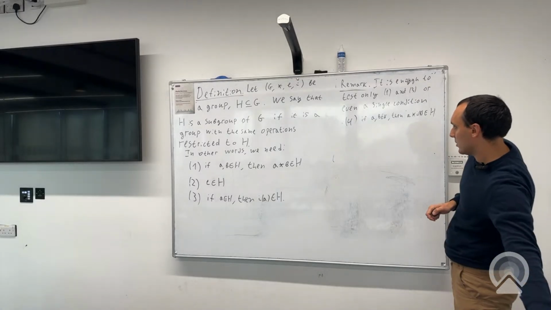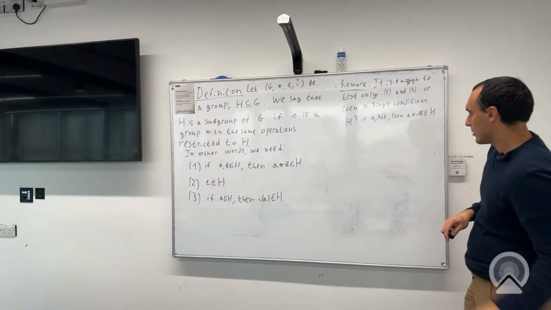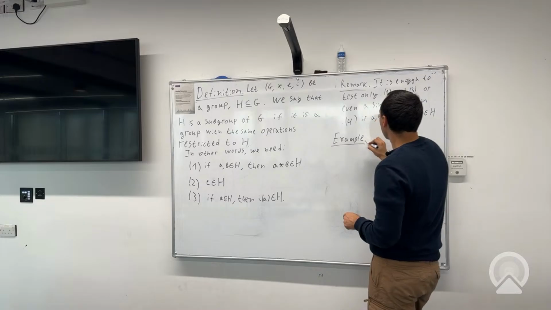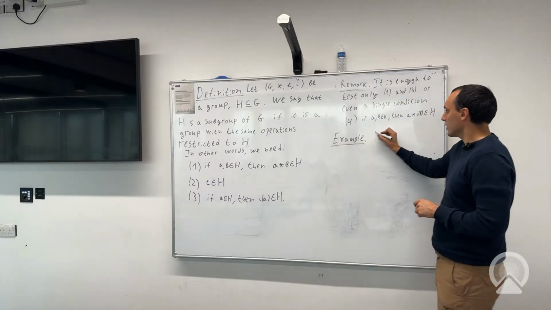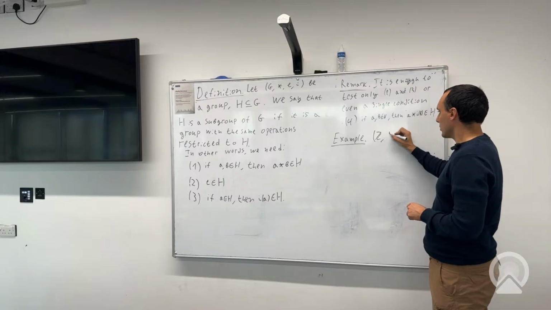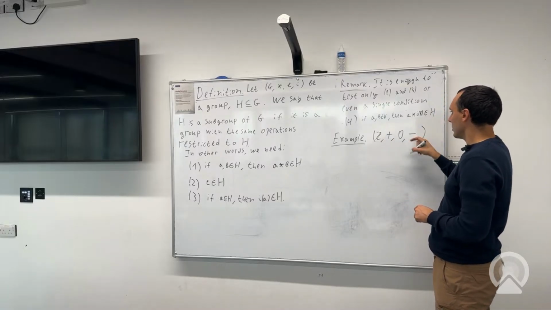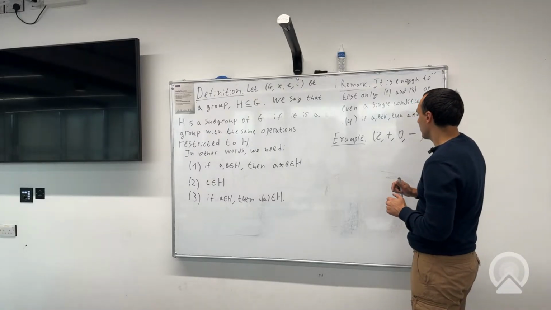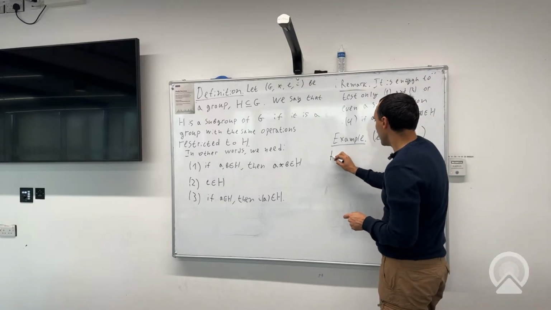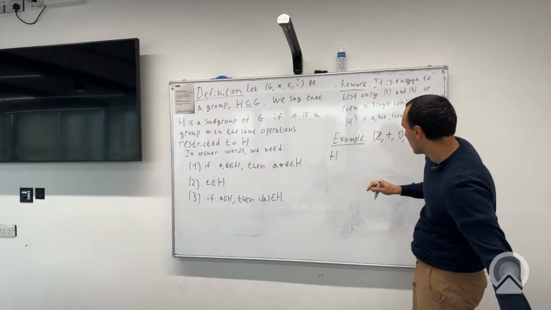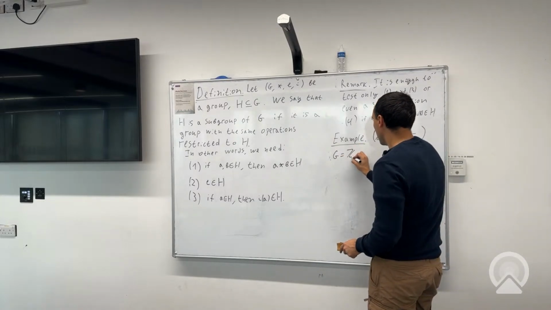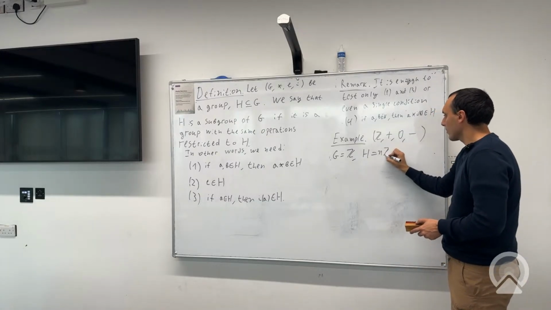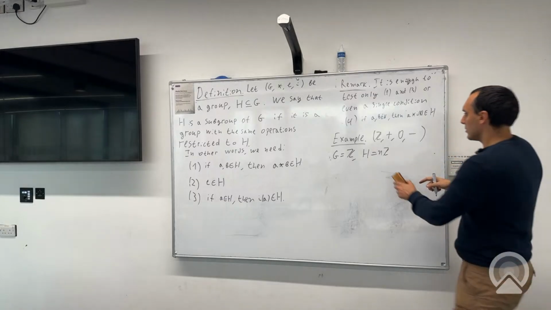So let me give an example. Take the group Z with addition, 0, and negation as the inverse. Let G equal Z, and H equal nZ.